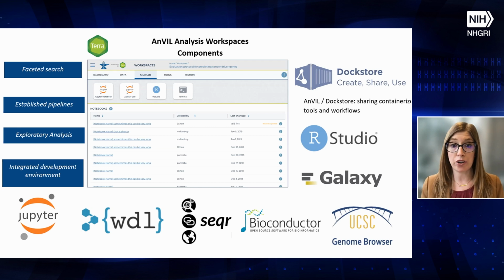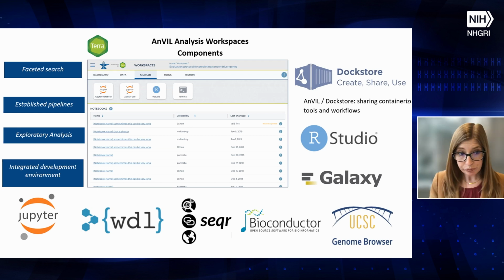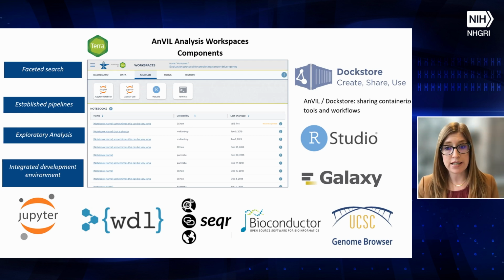And then also a debugger or a way to kind of find the errors in your code. The Terra platform also includes Jupyter notebooks and Whittle. And then in addition, the AnVIL team added tools that are specific to the genomics researcher community, such as Seeker, Bioconductor, the Galaxy R Studio, and then DocStore soon is going to be adding the UCSG genome browser as well.